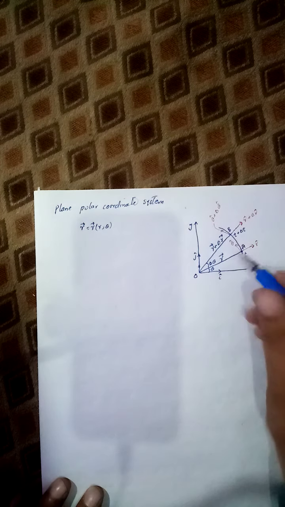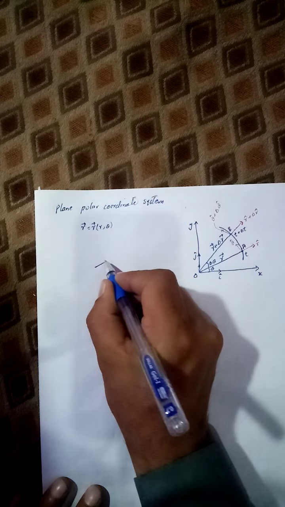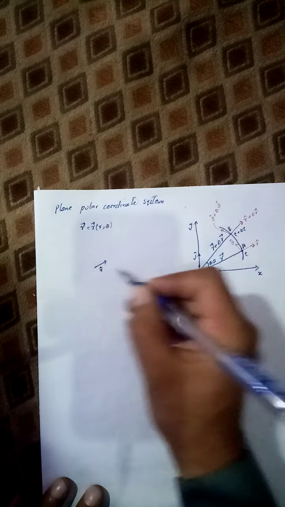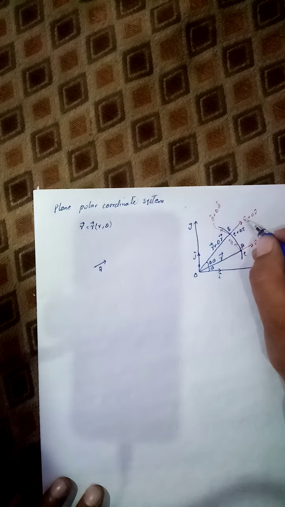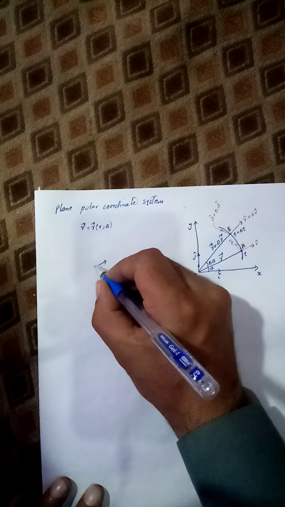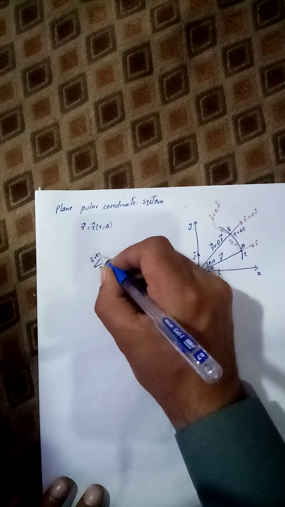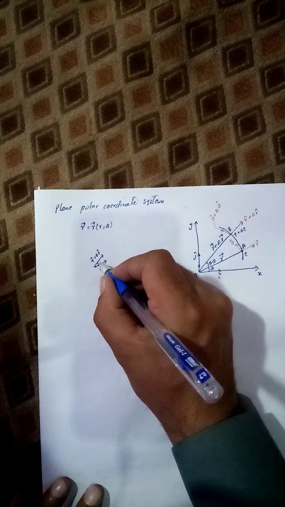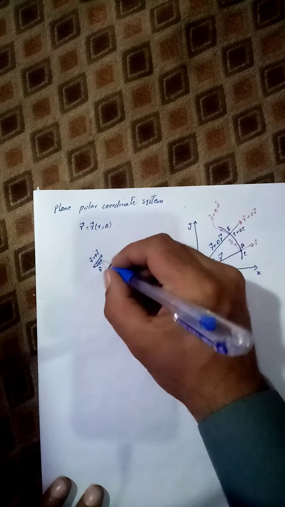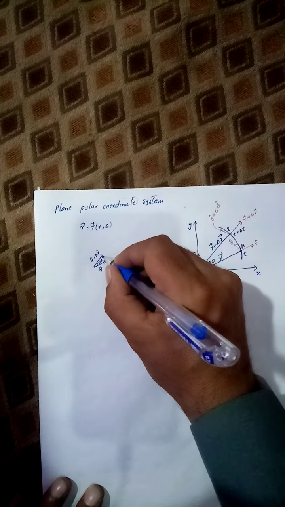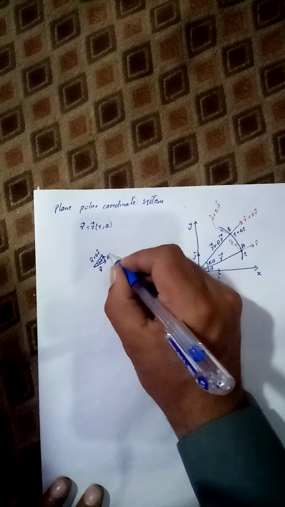The direction of this unit vector r cap plus delta r cap is slightly different from r cap, and the angle between them is delta theta, which is this angle. Now we need to calculate this change in unit vector from r cap to r cap plus delta r cap, which is delta r cap.